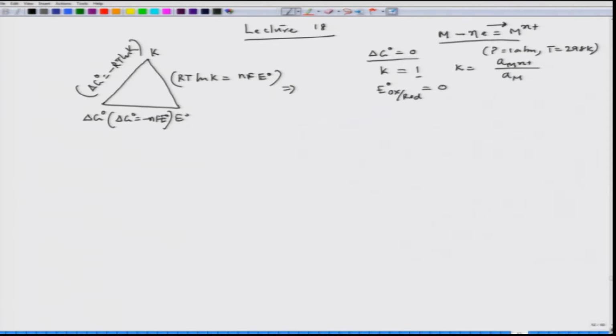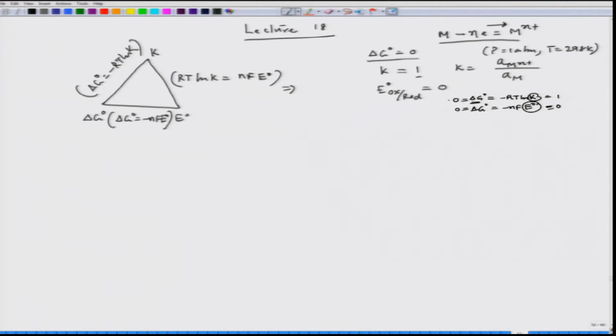Here you can use the formula delta G0 equal to minus RT ln K as well as delta G0 equal to minus NF E0. So, you could see that if delta G0 goes to 0, then K has to go to 1 and E0 has to go to 0. That is what we have seen.